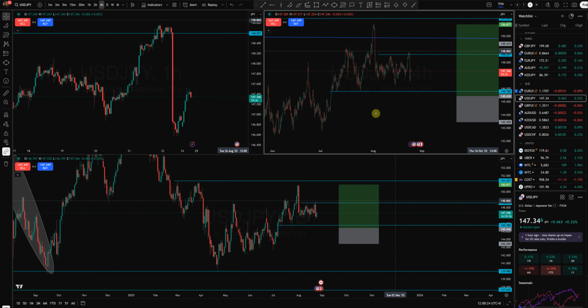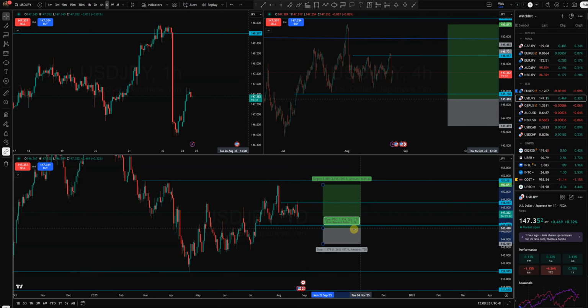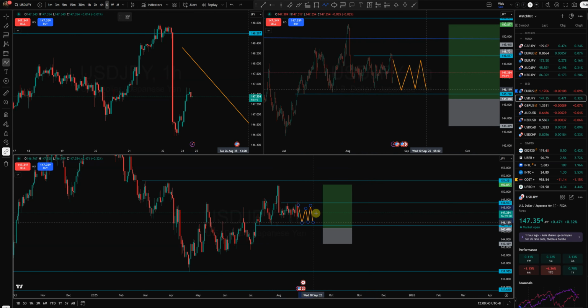Let me do a little bit more demonstration. Why am I putting a long here? I'm expecting something like this to happen. Now we all know this is another ranging, right? It can go like this, it can go like this.